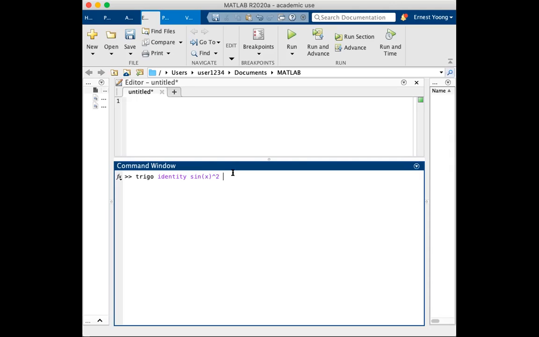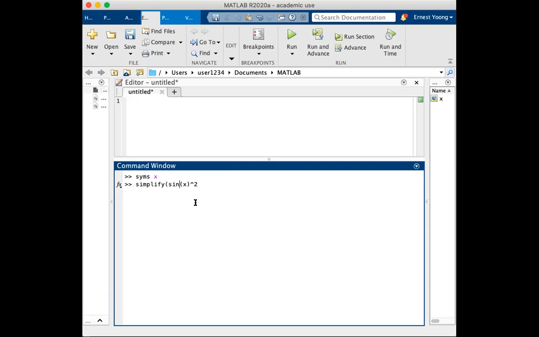In order to prove this kind of identity, we can use MATLAB. Let's say I have this variable. I would say simplify sine squared, so sine squared is sine x and then power of 2.